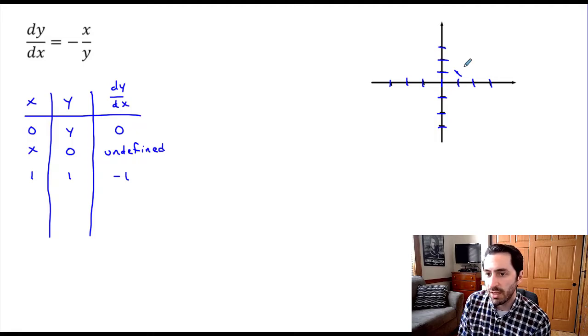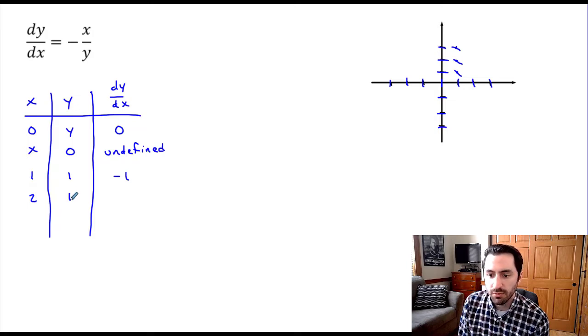If I go up to y equals 2, now we're going to have a slope of -1/2. So at this point, I'm just not going to make it quite as steep. And up here at 3, that's going to be -1/3. Again, a decreasing line segment, but just doing my best to try and represent what that slope looks like. All right, so now if I go over to 2 and use that same process.